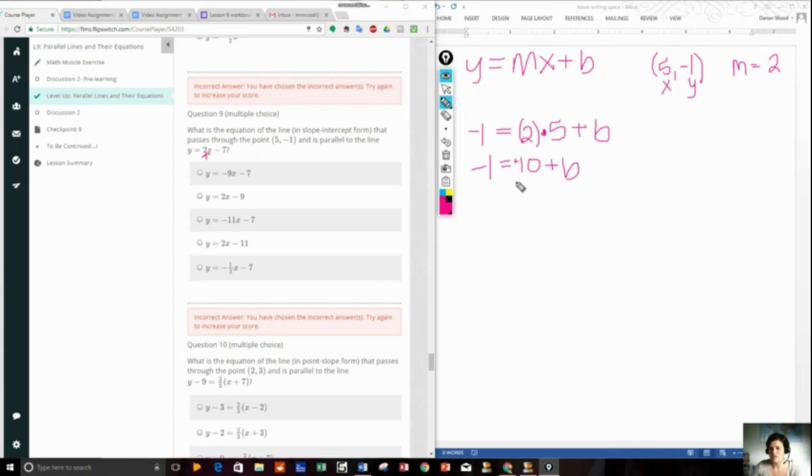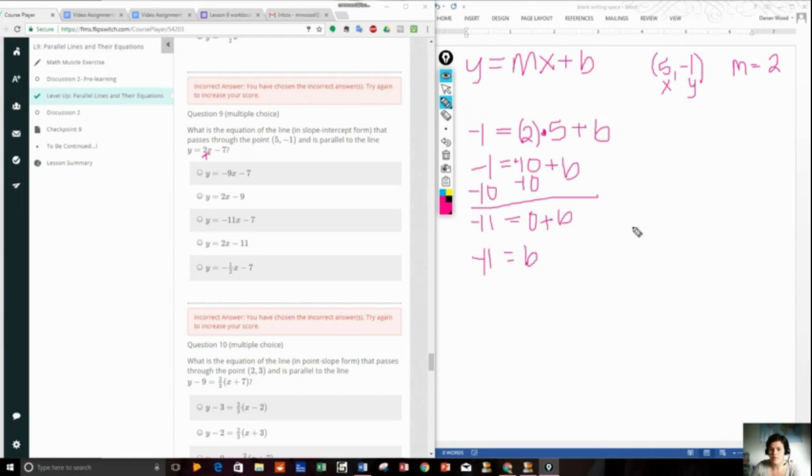So since it's positive 10, I'm going to subtract 10 from both sides. So negative 1 minus 10 is negative 11 equals 10 minus 10 is 0 plus b. So then we have negative 11 is equal to 0 plus b, which is b. So b is equal to negative 11.